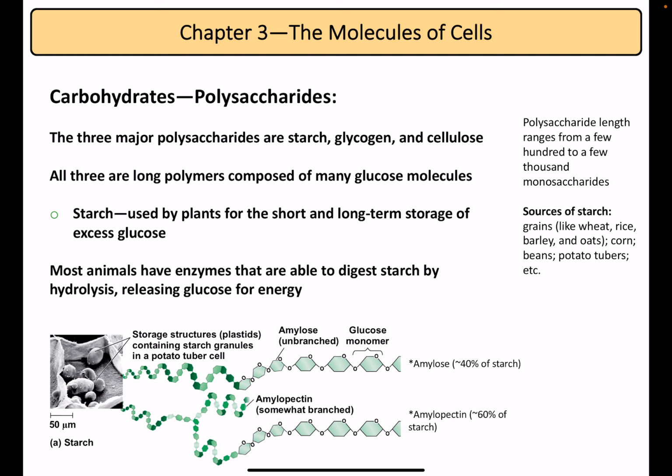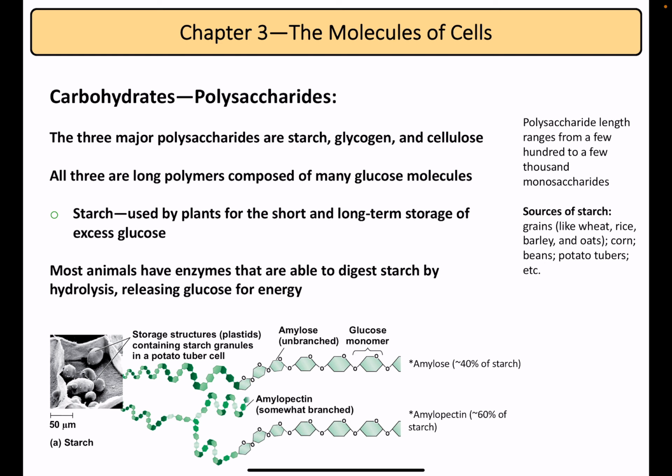Now, that first function was how a plant uses the starch, but then we must also take into consideration that many animals eat those plants and in turn eat their starch, right? And then use that starch for energy. So if you as an animal eat starch from a plant, what does that do for you?